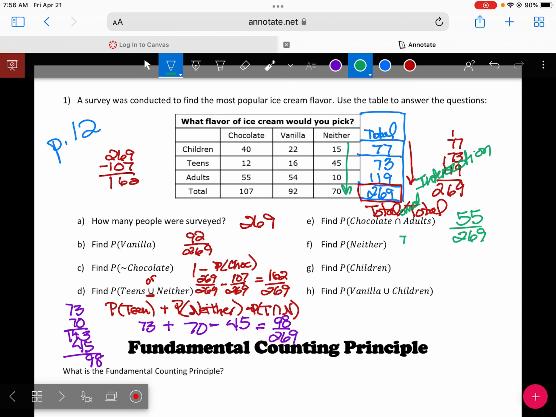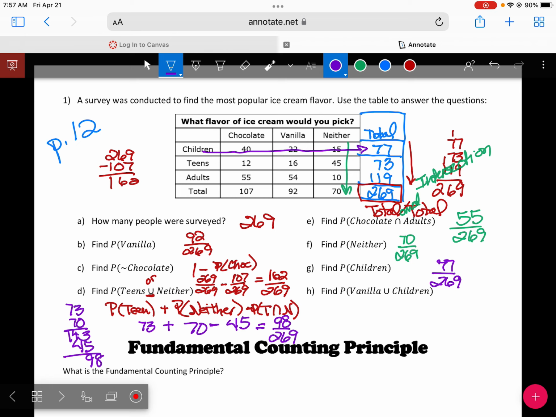So that's going to be 70 over what? What's my total? Yeah, 269. How about the probability that we select a child? Desiree, what do you think? Very good. Always go to the total. 77 over 269.